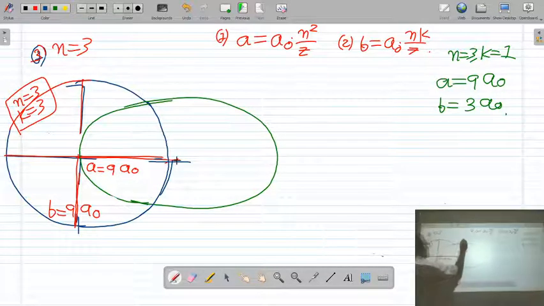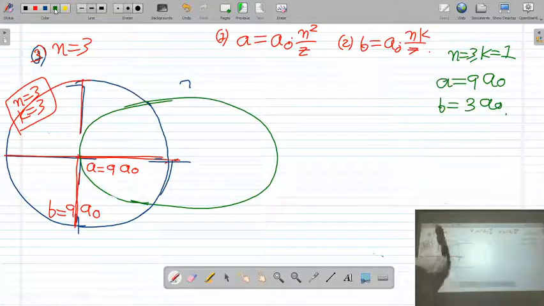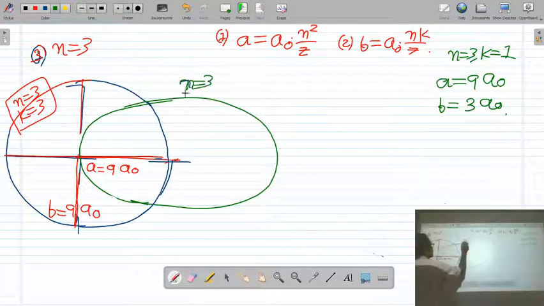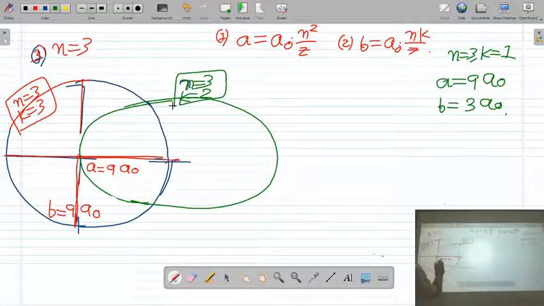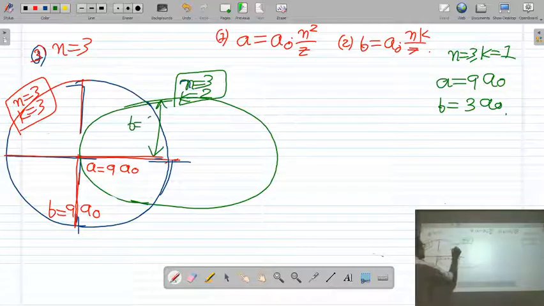And for n equal to 3, k equal to 2, we have an elliptical orbit with semi-major axis 9A0 and semi-minor axis 6A0.